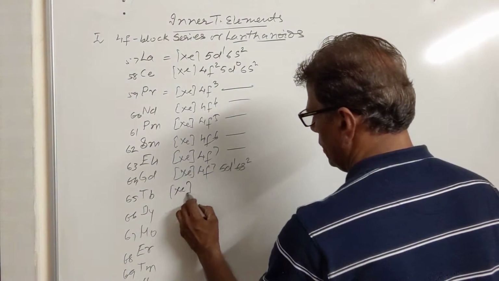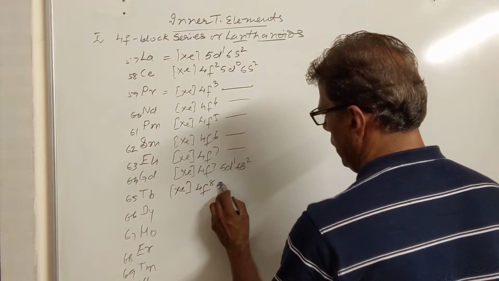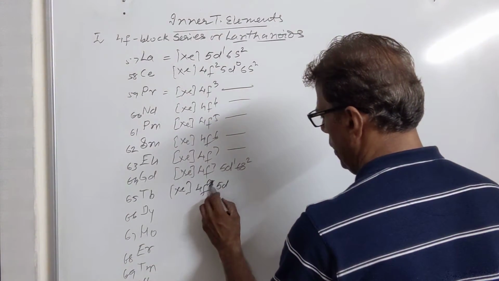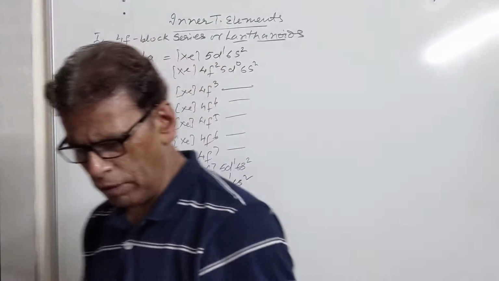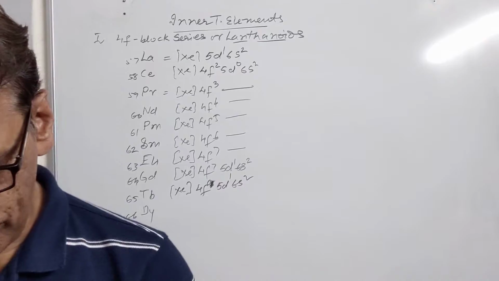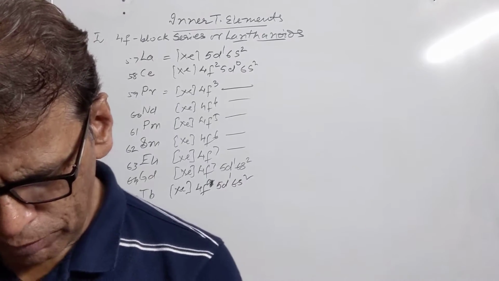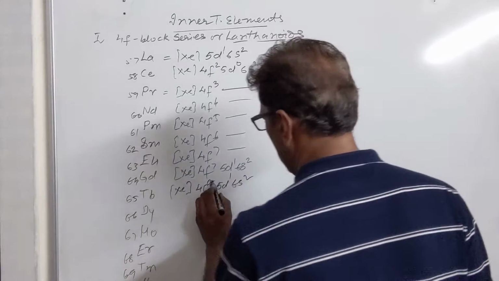Then we have the next configuration 4f8, and 4f9 will be here, 5d1, 6s2. So in terbium we should have 4f8 electrons there, but in this case one electron from the d subshell has moved into the f subshell.